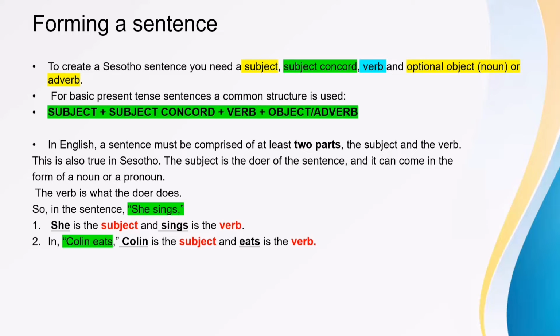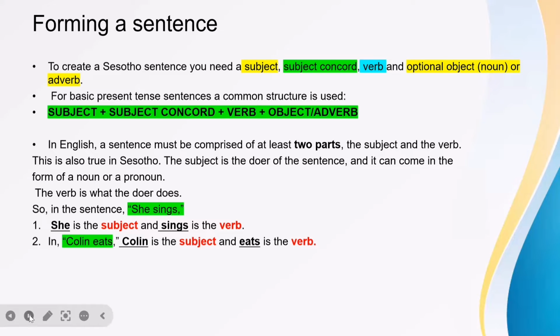So for example, in the sentence, she sings, she is the subject, and sings is the verb. And in the second sentence, Colin eats, Colin is the subject, and eats is the verb. Okay, now just try and get this in and understand it before we move to the next page.